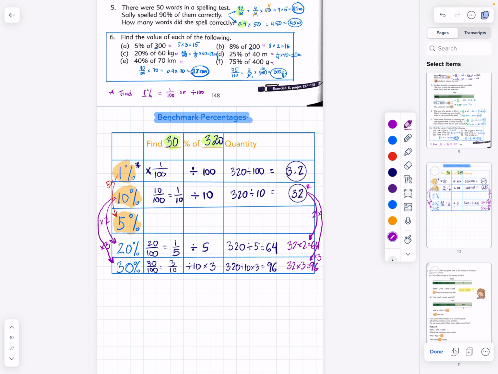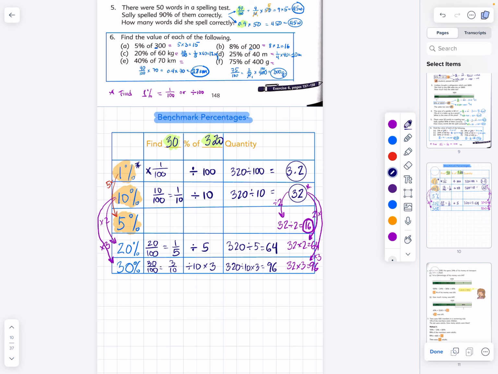So we can do it like this. We can find 10%, another easy benchmark, and then take half of that, right? Because 5 is a half of 10. So we can split that into 2 parts. And 32, half of that gives us 16, right? We can think of it like that.